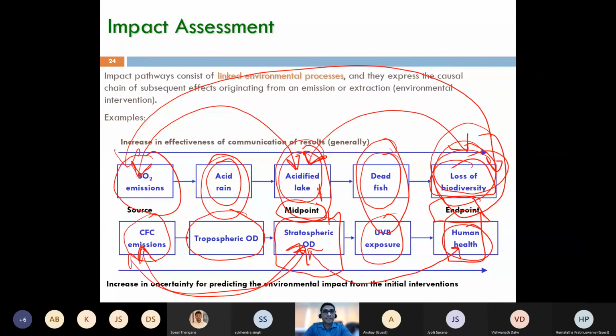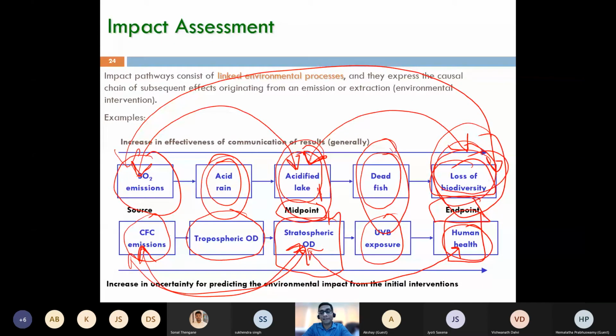It doesn't make a difference to me. I don't know how many kgs would affect how much global warming, but it is much more quantifiable. In the same sense, if I say this much amount of emissions is going to reduce my lifespan by 2 years, it makes sense to me. But again, I can't be really certain that it is going to be 2 years or 1 year or 3 years. It would change with a lot of assumptions.